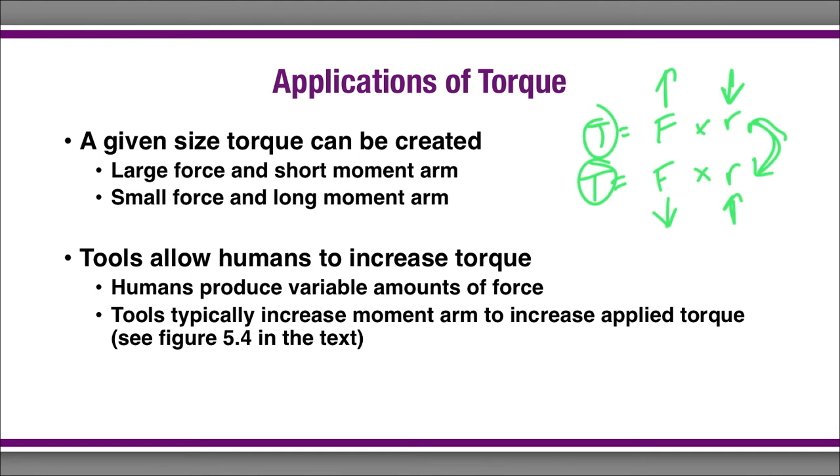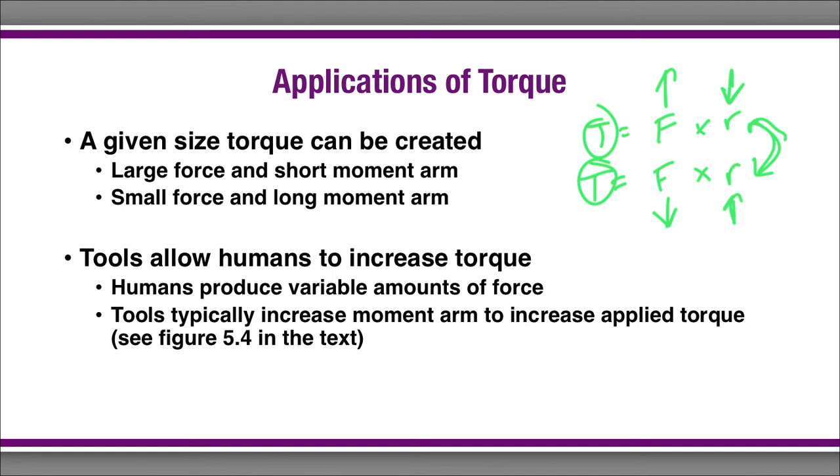So having a great torque doesn't always mean that you have to have a long moment arm. If you have a large force and a short moment arm, you can render the same amount of torque given a smaller force with a longer moment arm.